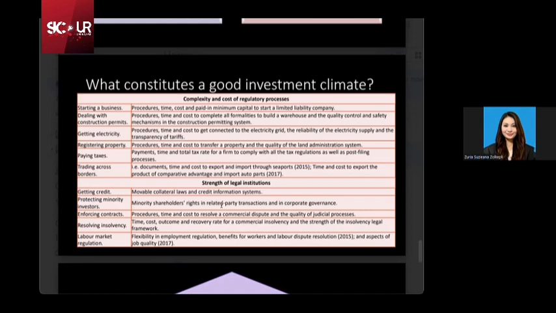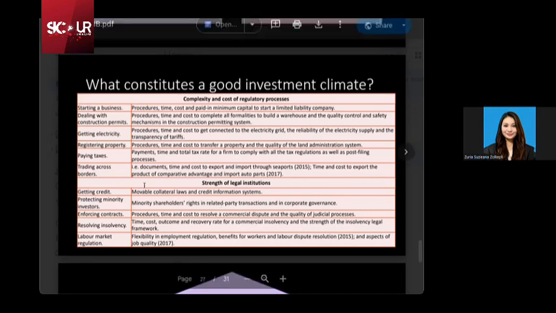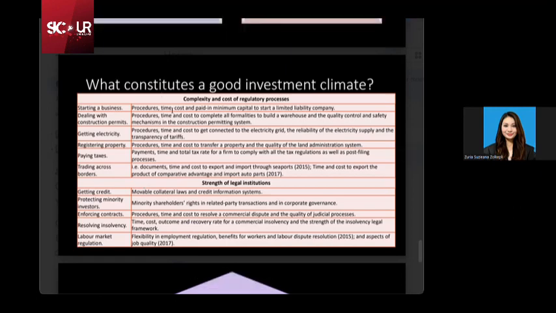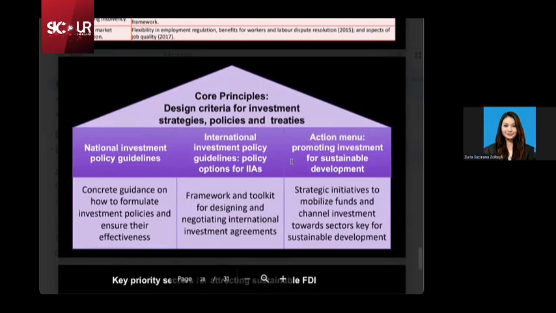These are some of the components or criteria you have to look at to determine whether this country has a good investment climate or not. If it's too complex, and there is no regulation to protect, for example, minority shareholder rights, it might not be favorable for the investment climate.